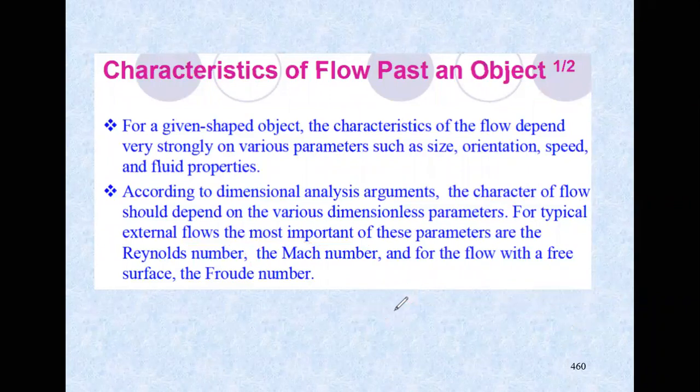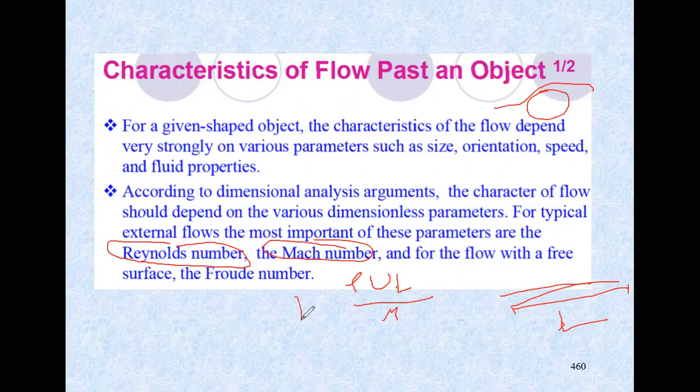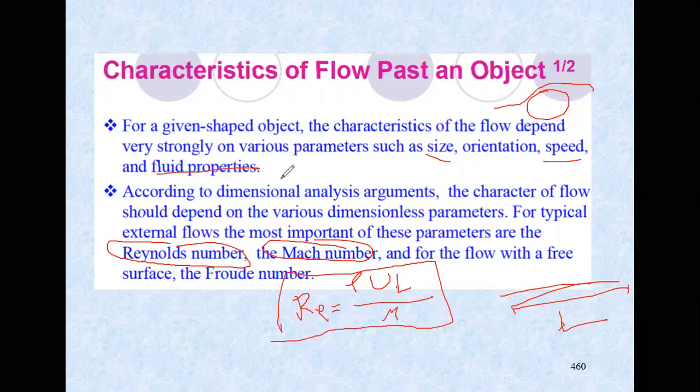So it's different from the internal flow Reynolds number definition. But still, it represents the inertia and viscous force ratio. It represents the size, the speed, and the fluid properties.